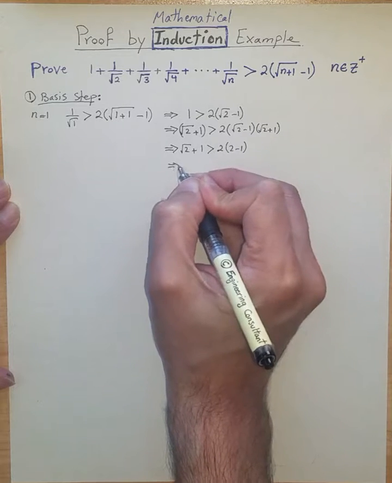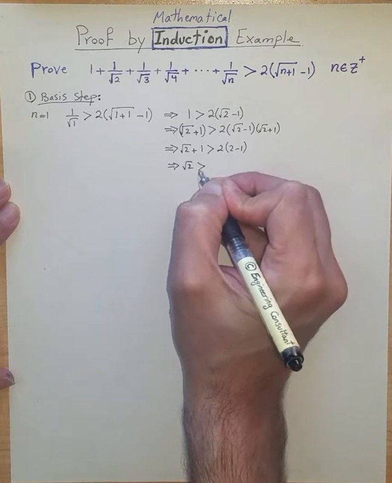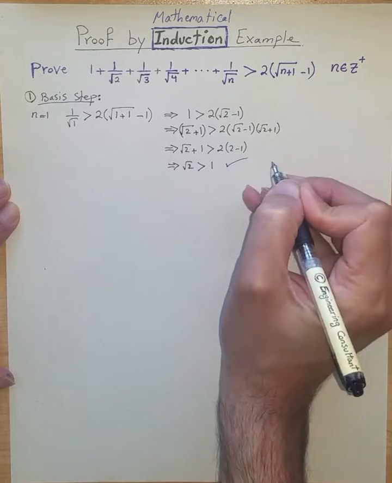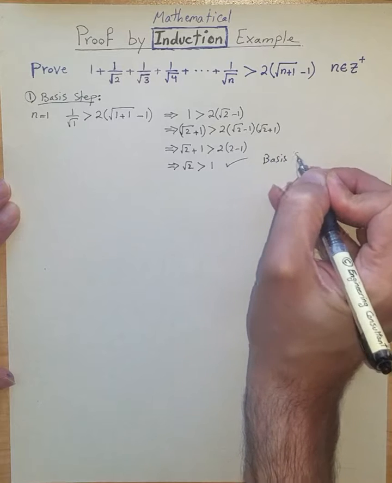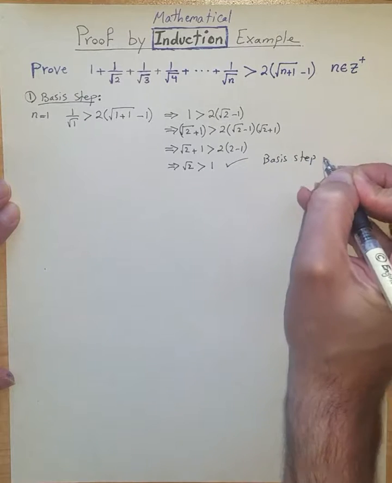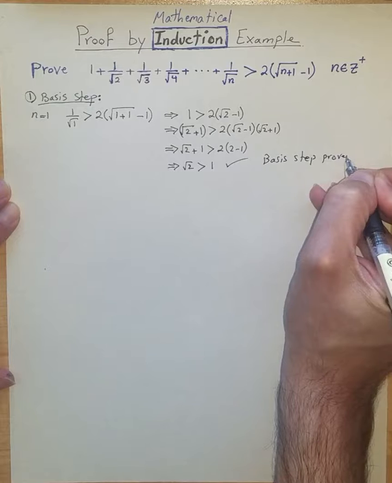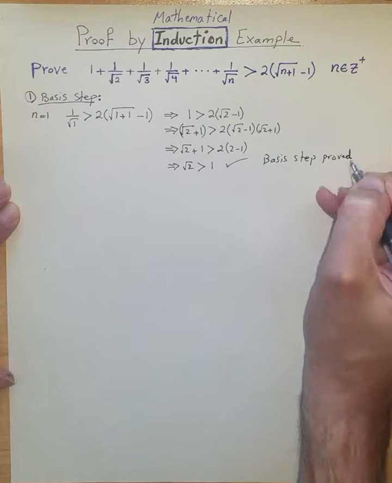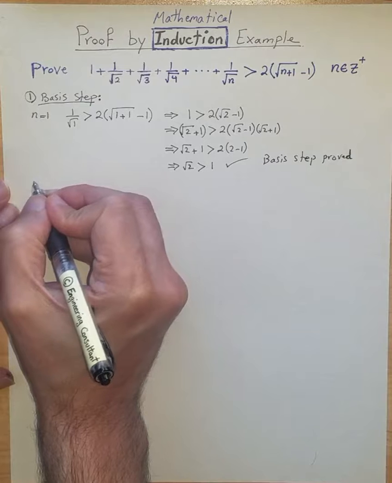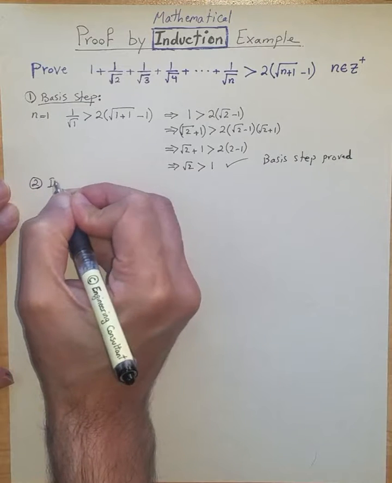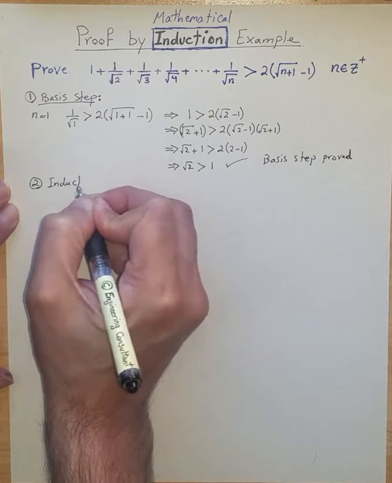So what we get is square root of 2 is greater than 1, which is always true. So basis step proven. Next one is the inductive step, the rest of the domino.